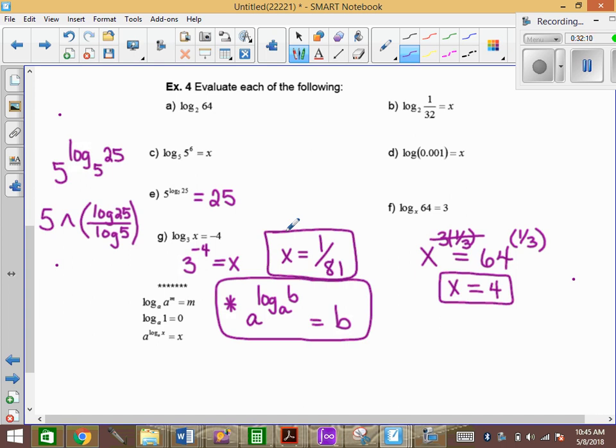Okay? Not too bad. So these are some little rules for you. If you have log a of a to the m, your answer is just m. If you have log a of 1, any base, it's 0, because a to the 0 is 1. And when you have a to the log a of x, which I wrote here just so you could see it better, it equals x. These are 3 rules that everyone forgets about.